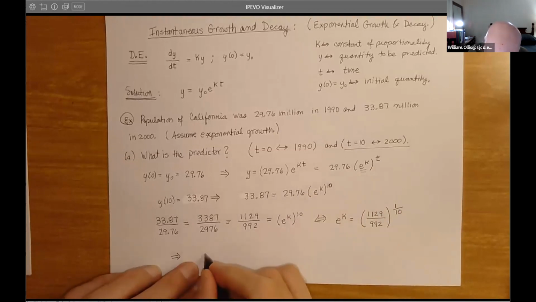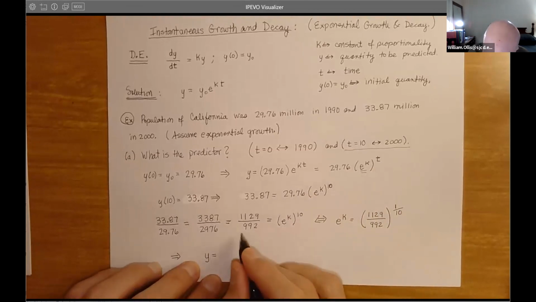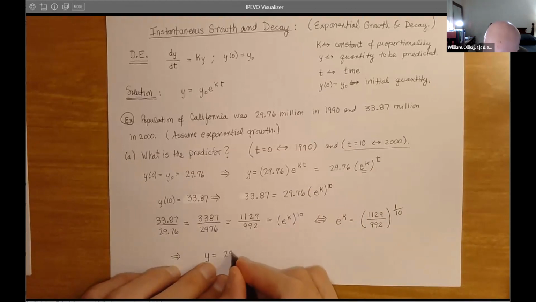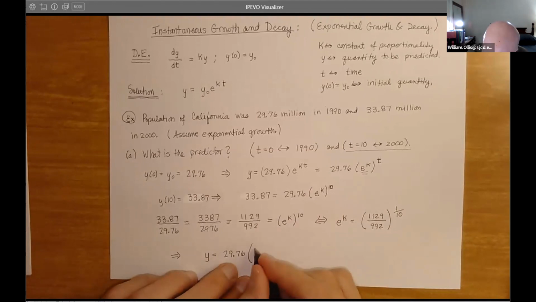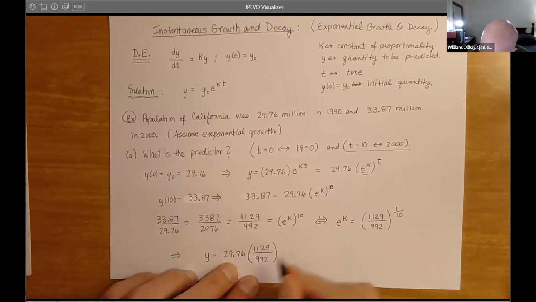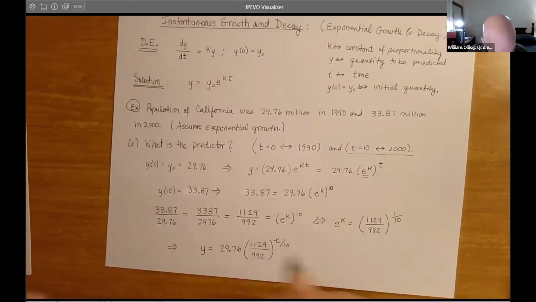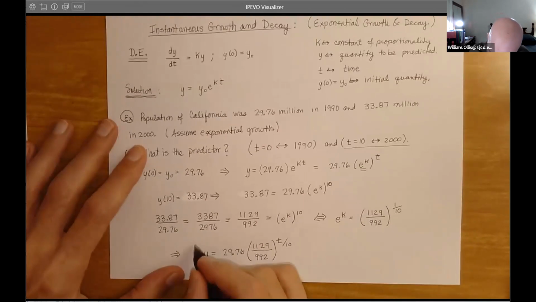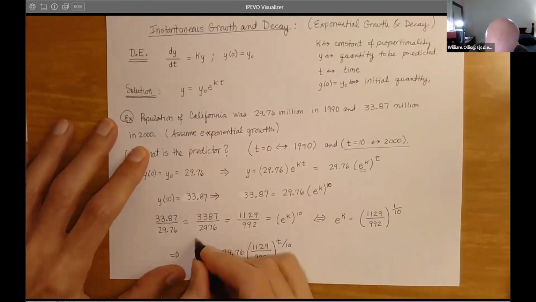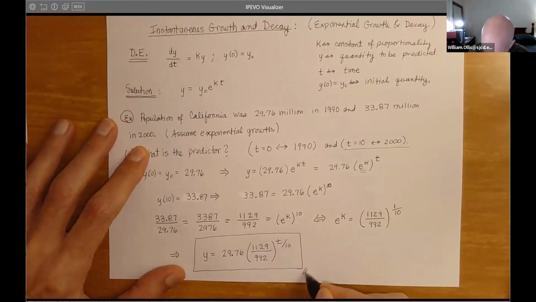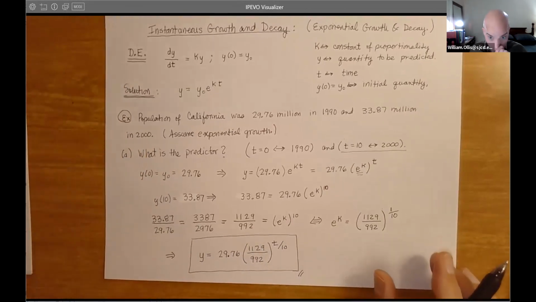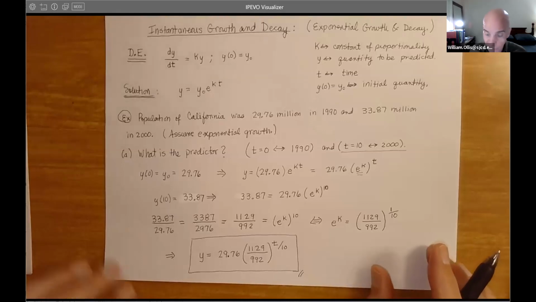So we have y equals 29.76 times 1129 over 992, raised to the t power, so we get t over 10. So here is our predictor, exact, exact, no round off, using all the exact numbers from the problem.